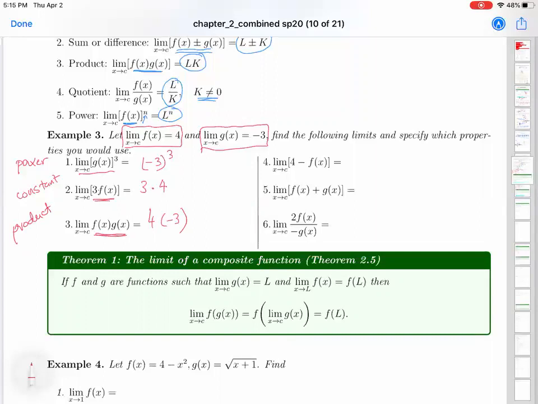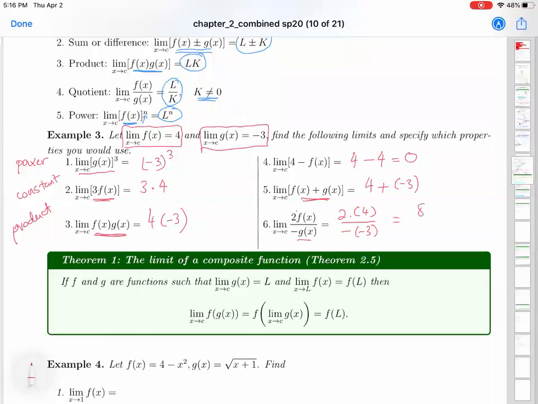Number 4, the limit of 4 minus f of x. That means the limit of 4 is always 4, right? And the limit of f of x is 4. So you get 0. Number 5, the limit of the sum. So you have 4 plus -3. Number 6, you have 2 times 4 divided by the negative of -3.